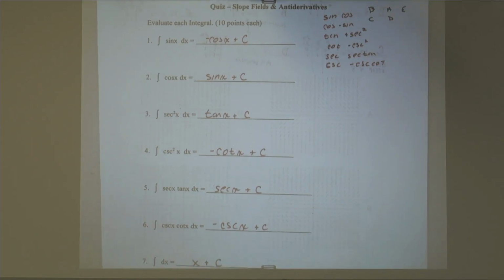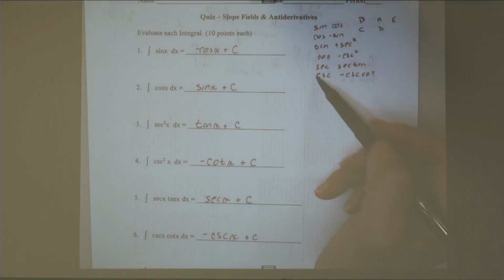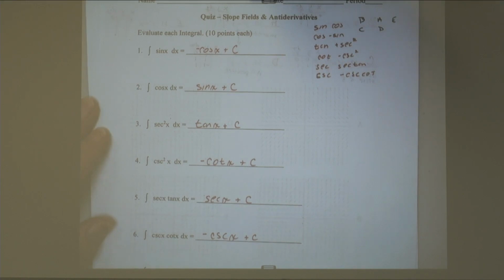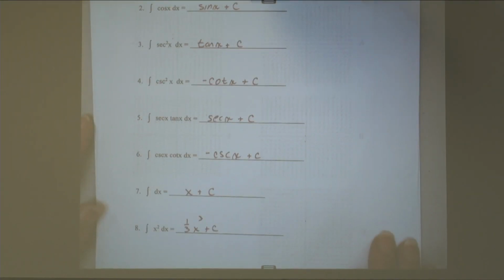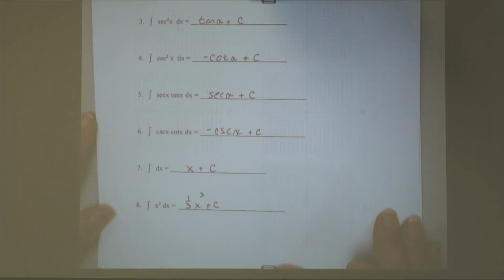Again, when you're getting ready to take this test, it only takes seconds to write all your trig functions and all their derivatives. That way you're not switching back and forth in your brain. You've got it, you can refer to it, and it only takes a small amount of time. So be sure you do that. All right, nothing really tricky here, pretty straightforward. That all should have gone fairly well for you.